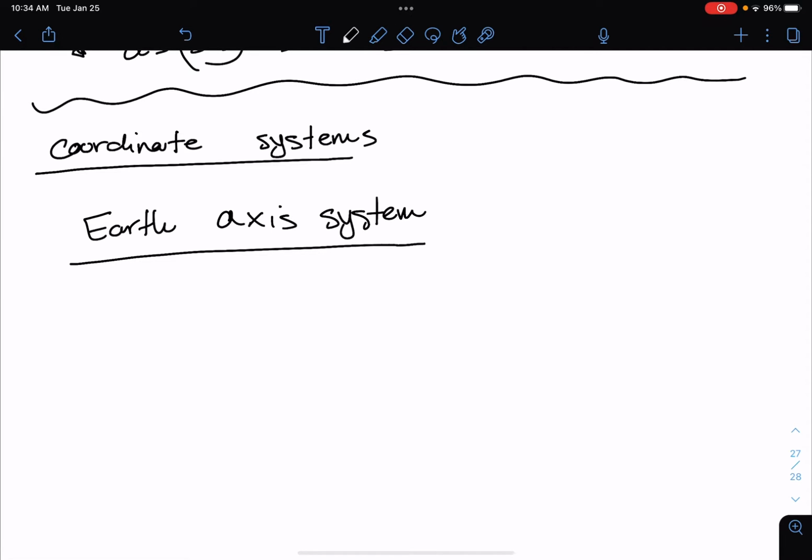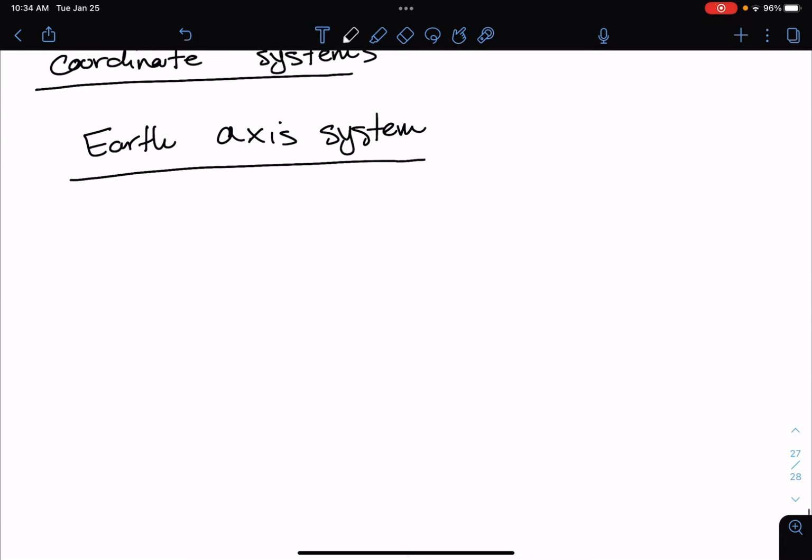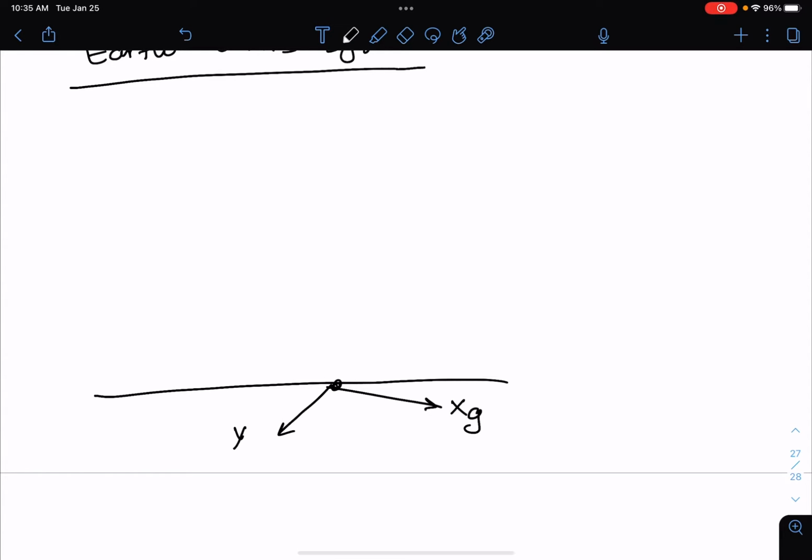What is an Earth axis system? It's a coordinate system that is on the surface of the Earth. Again, a flat Earth. It is x of g, y of g, and z of g is going to point inward.